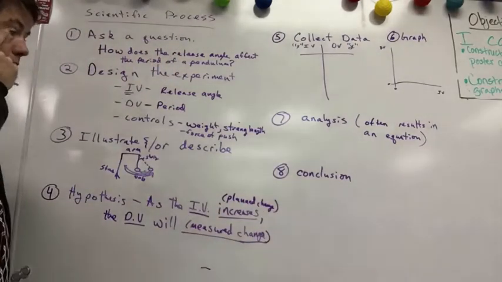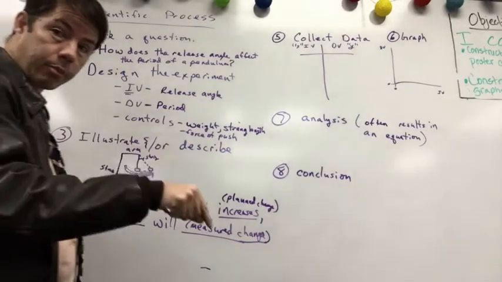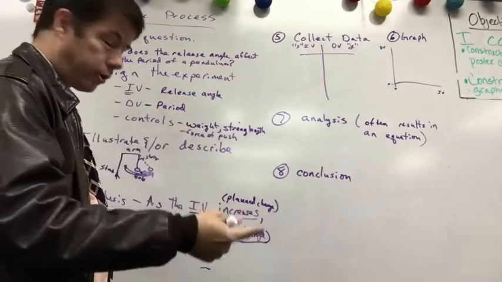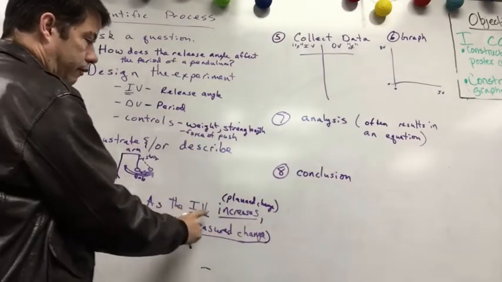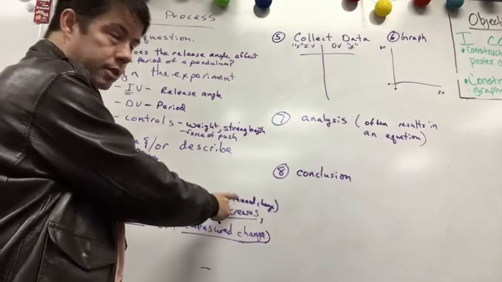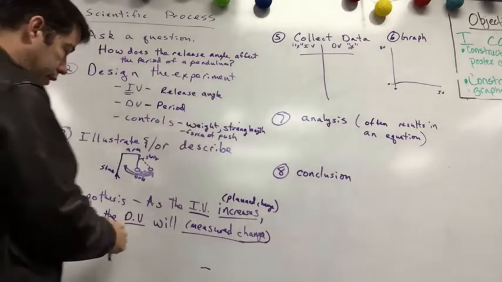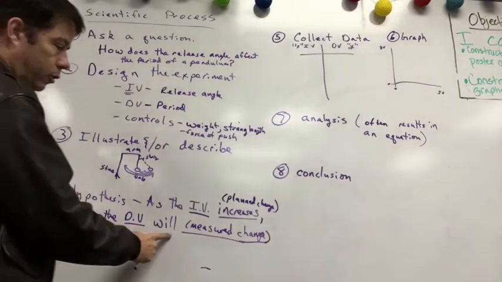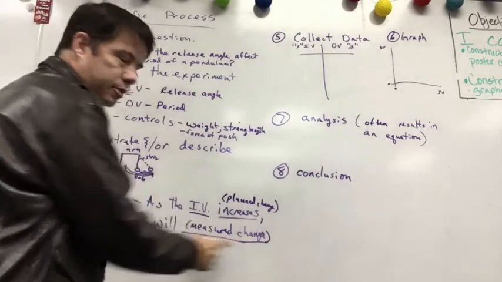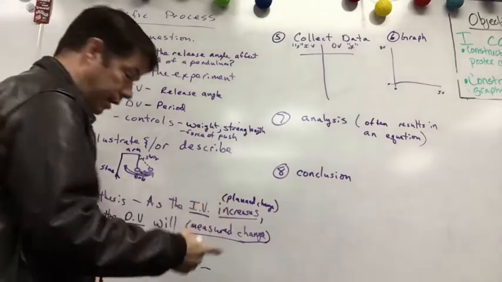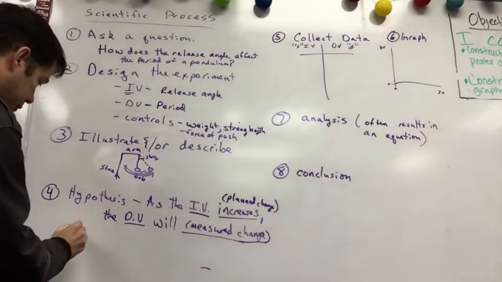Because the independent variable is an input, we plan that, we control that. So we're going to increase the angle, and you'll see that in a second. And we're going to make a guess as to what that measured change is going to be.